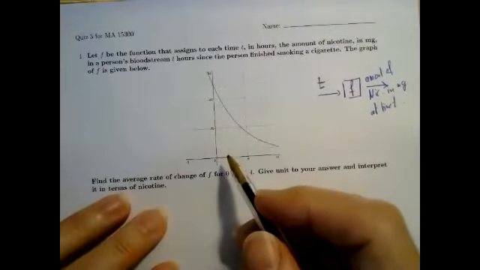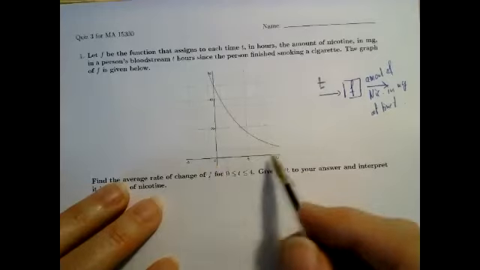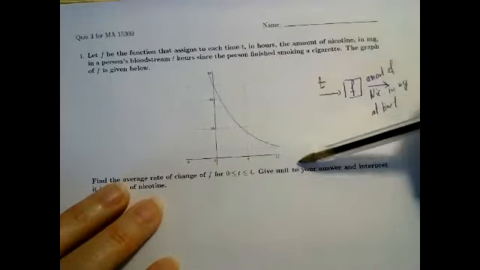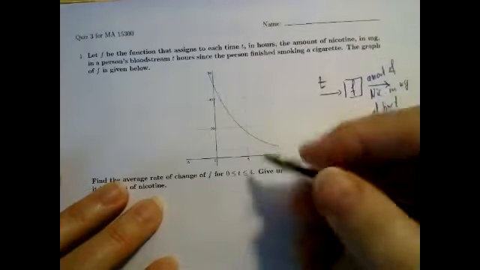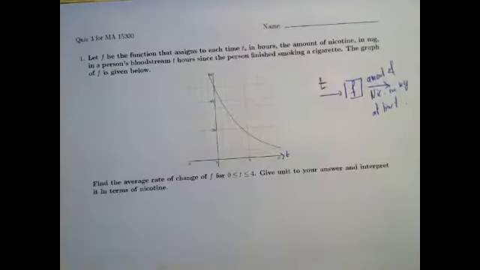The idea is that as time changes, of course, the amount of nicotine in your body is going to decrease, and the function tells you how the amount of nicotine is changing with time.